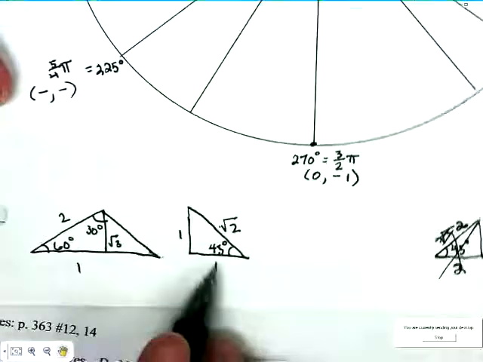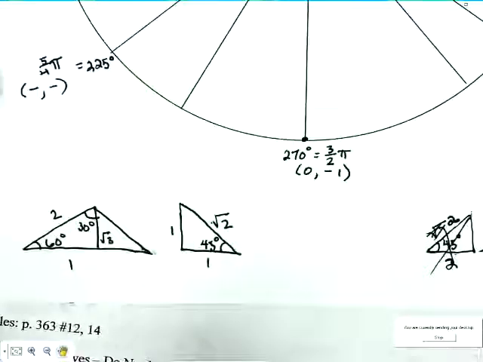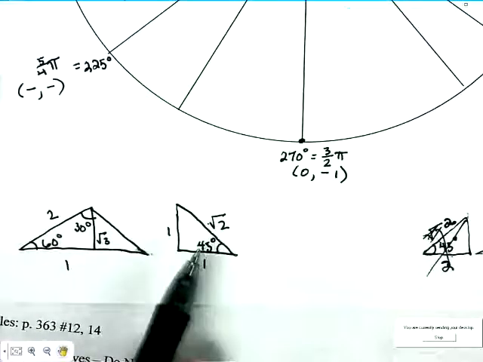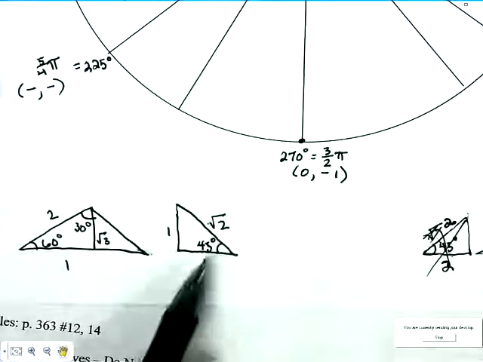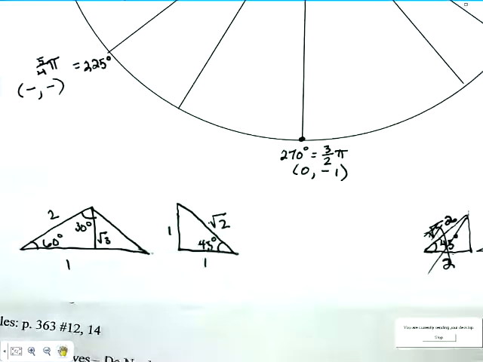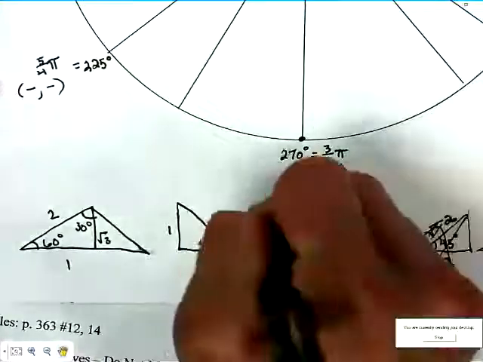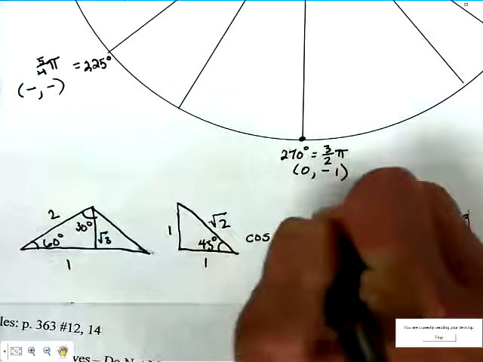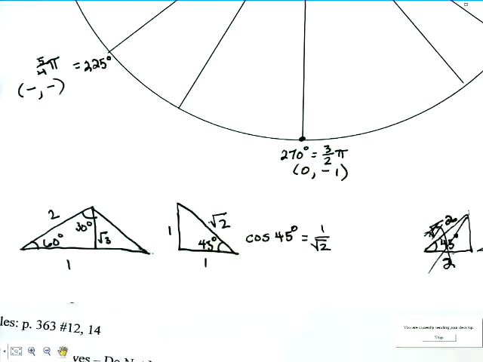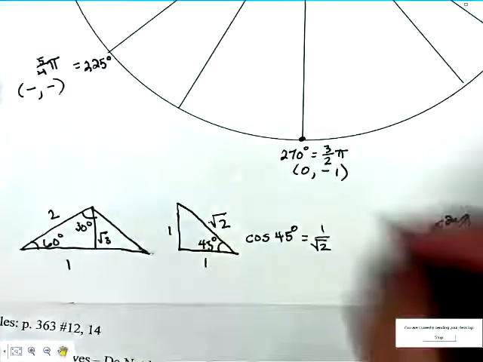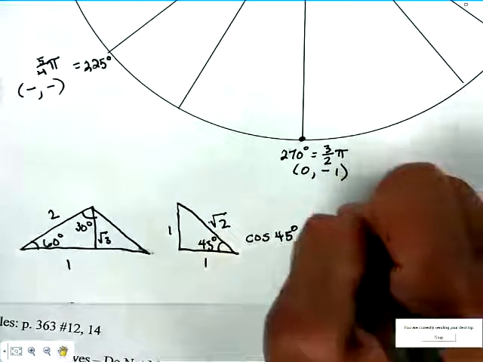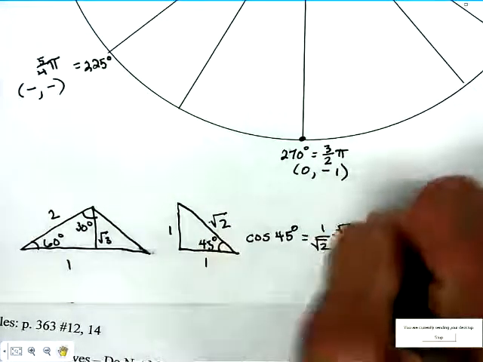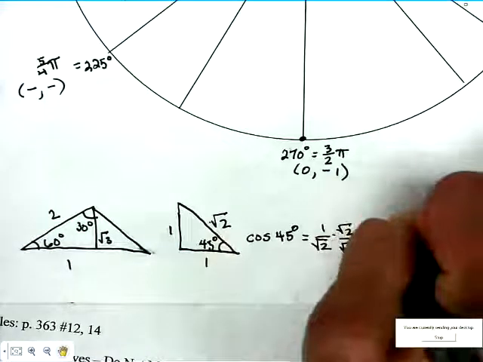The cosine of 45 degrees would be adjacent over hypotenuse, 1 over square root of 2. For reasons that you'll see in just a minute, I want to go ahead and rationalize that denominator and call it square root of 2 over 2.